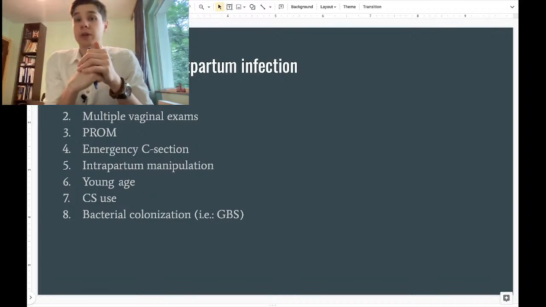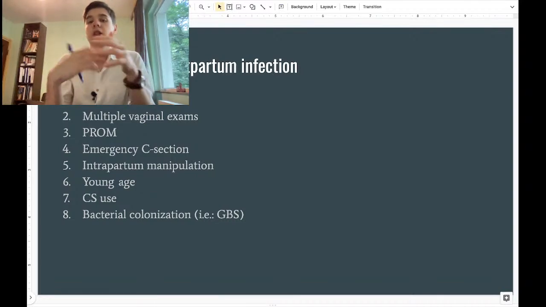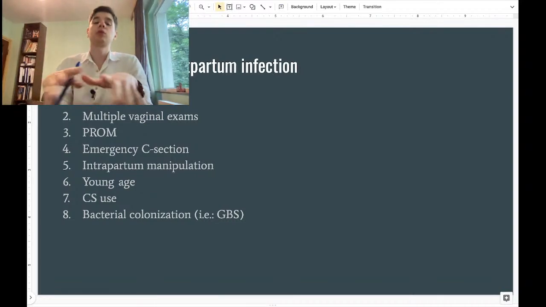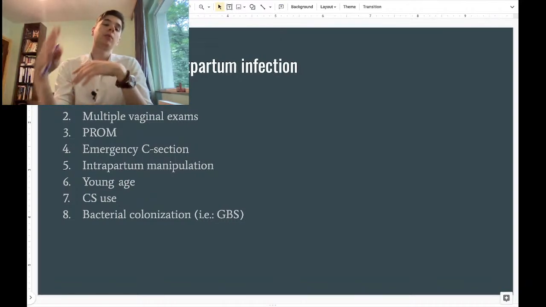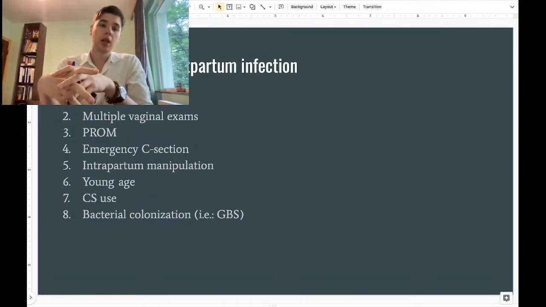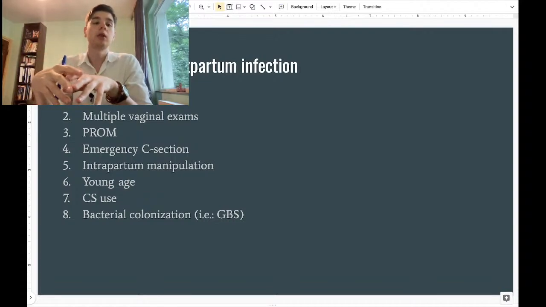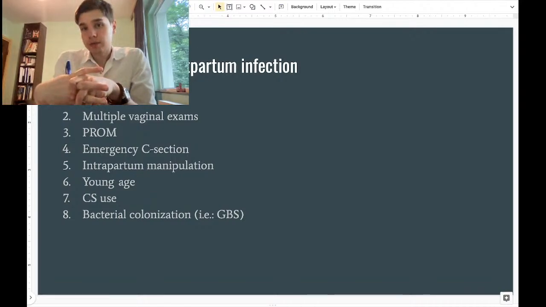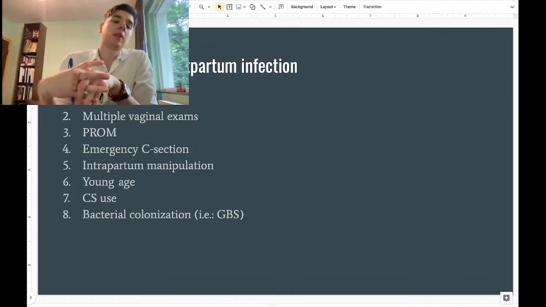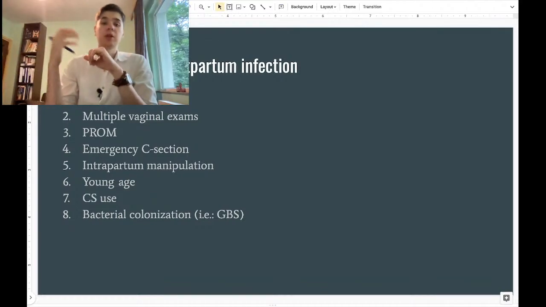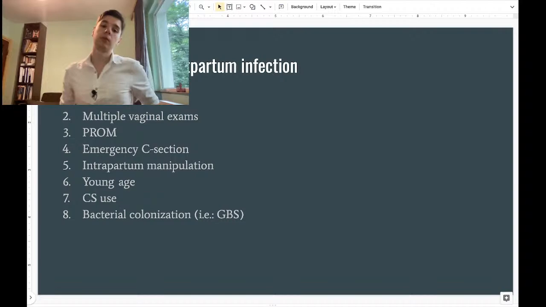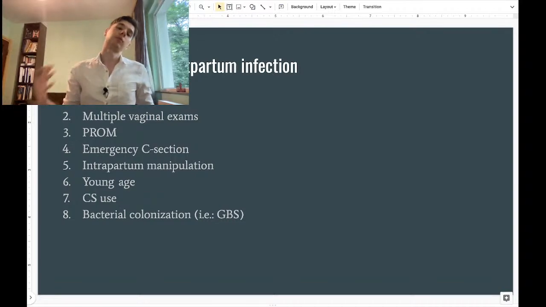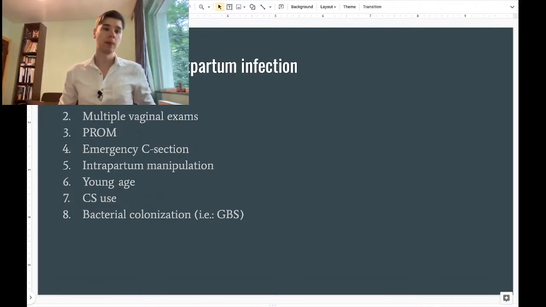A low socioeconomic status, multiple vaginal exams, premature rupture of membranes, an emergency C-section, intrapartum manipulation of the uterus and of the fetus, young age for the female, corticosteroid use, and bacterial colonization, such as group B strep.